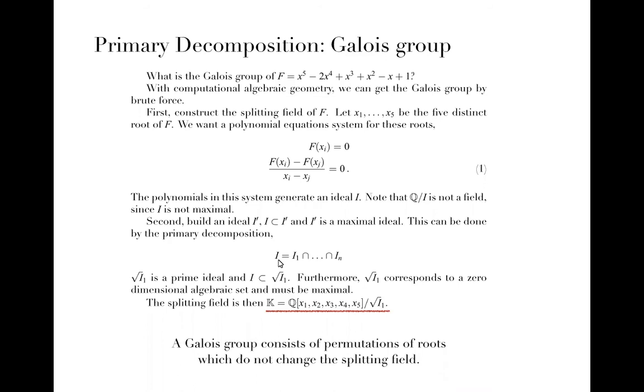Then you take this I and compute its primary decomposition. You find several components I1 to In. For example, the radical of I1 is bigger than I, of course, and this one is a prime ideal.